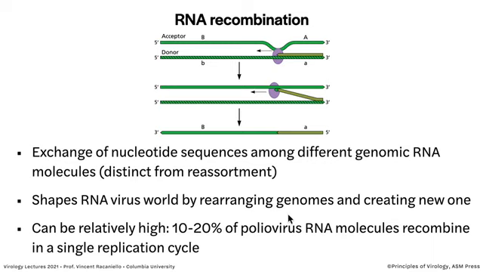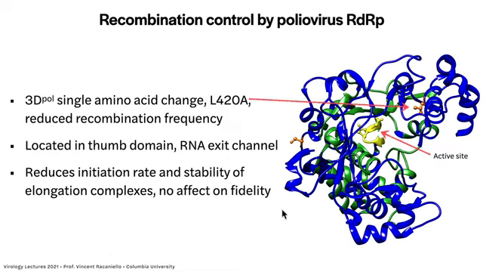And as you might guess, this is also controlled by the polymerase. A single amino acid change in the polymerase from leucine to alanine at 420, now far away from G64S. Here's L420A. That single change reduces recombination frequency of the polymerase.